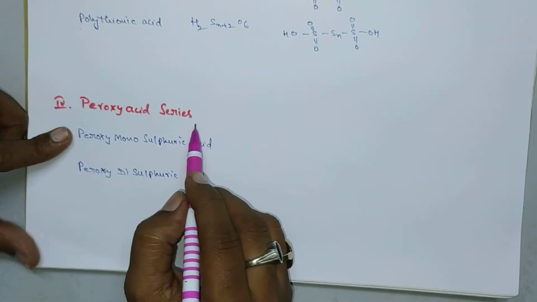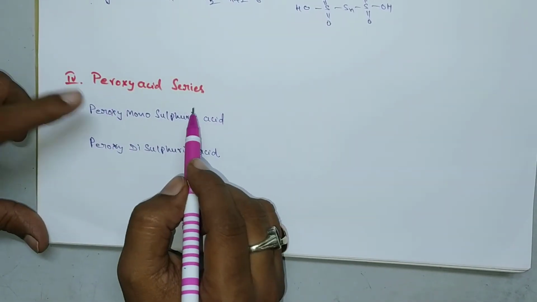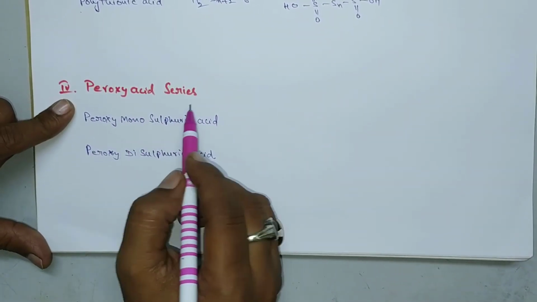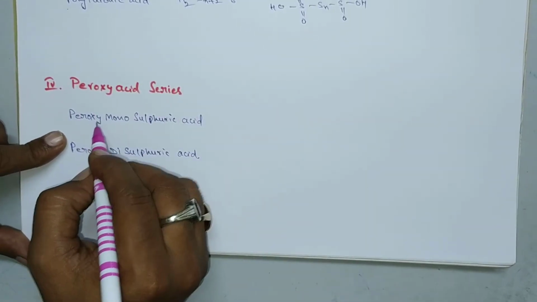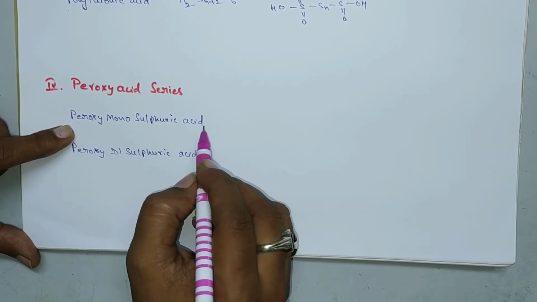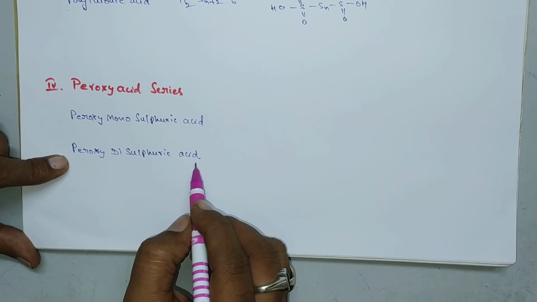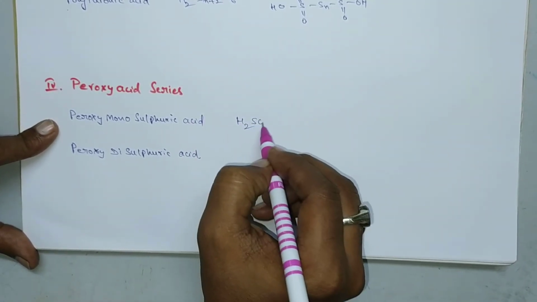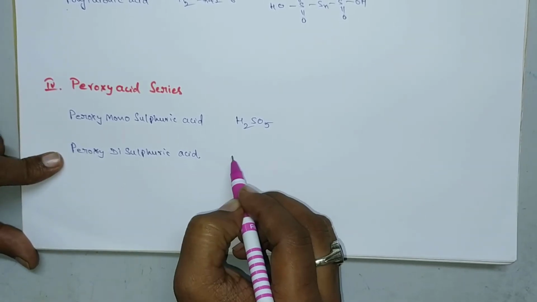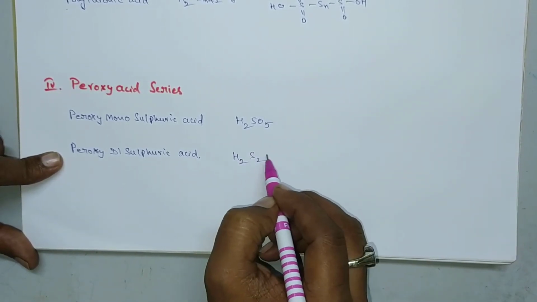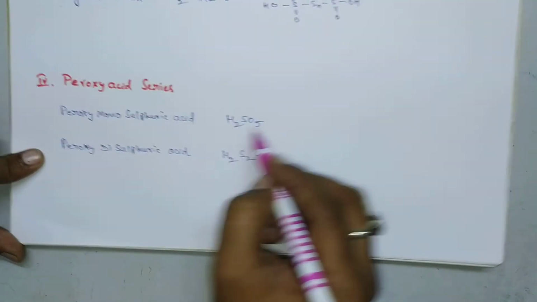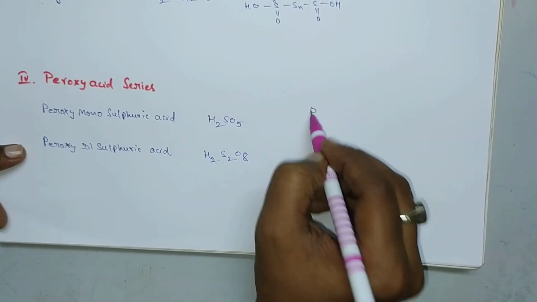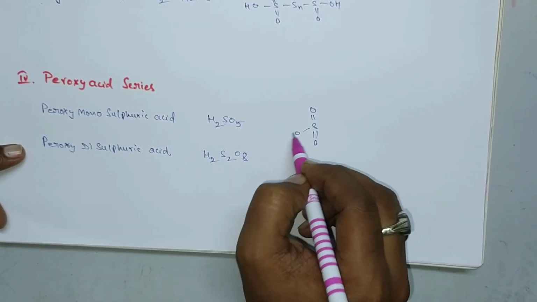And next one, peroxy acid series. So peroxy consists of some peroxy bonds, that is an OO linkage. In case of peroxy, there are peroxymonosulfuric acid and peroxydisulfuric acid. So peroxymonosulfuric acid means H2SO5, and peroxydisulfuric acid means H2S2O8. So the formula will be like this, it should consist of at least one peroxy bond.